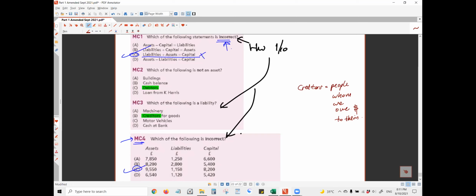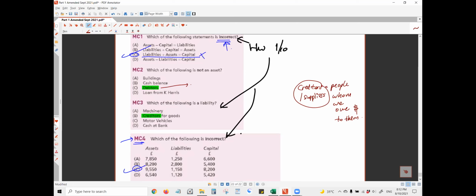We always owe money to the creditors. So we can also call creditors suppliers. Usually we are the one who owes money to the suppliers, so we call suppliers creditors.